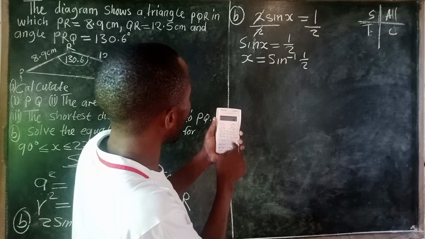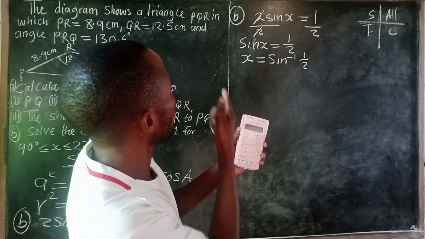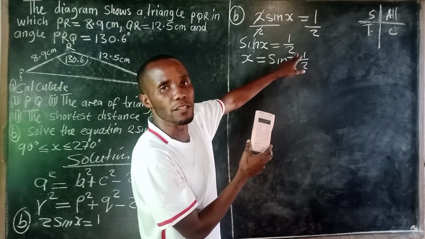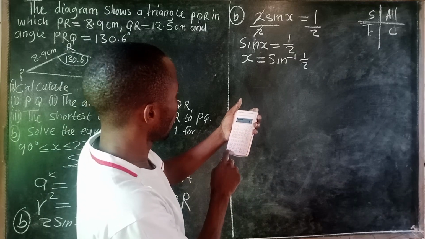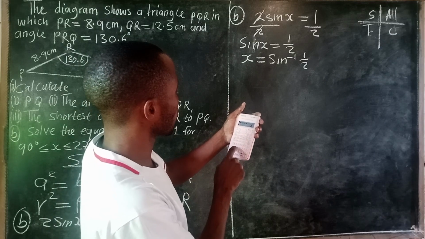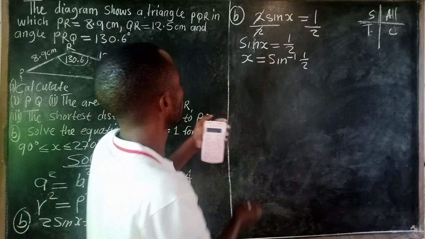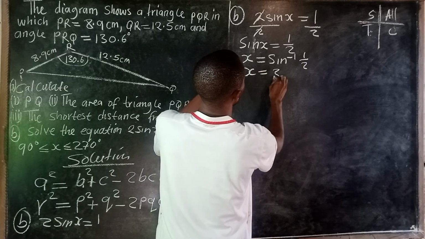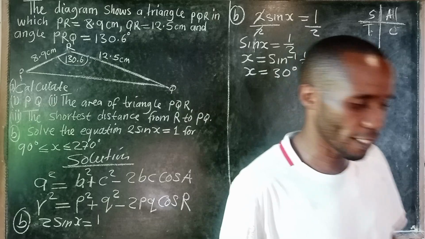First of all, before pressing sine, you shift the calculator, then you press sine, which shows sine power negative 1, which is sine inverse. Then we write 1 over 2, which is 0.5, one and the same. When you place that, you get x equals 30 degrees.